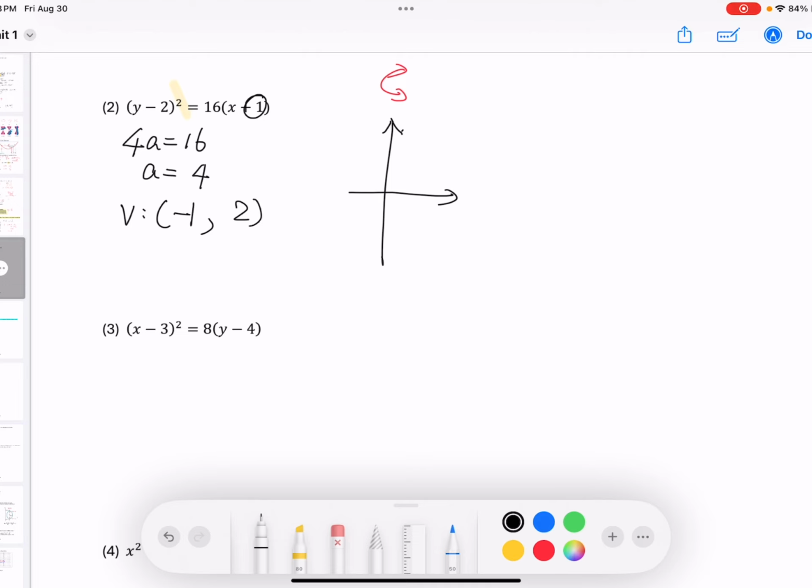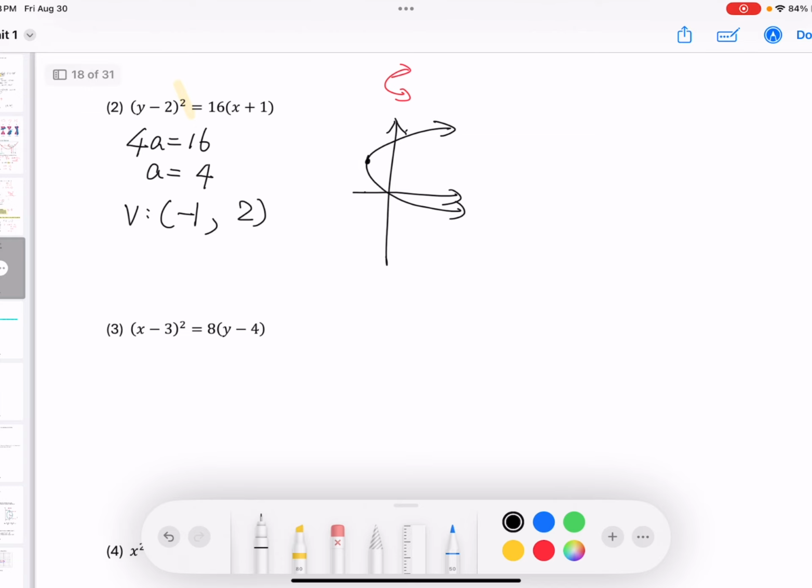Next step, let's put the information on the xy plane: (-1, 2). For example, this point is the vertex, and then it opens to the right. So let's find my focus and directrix.